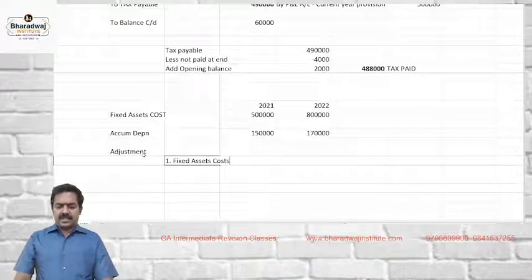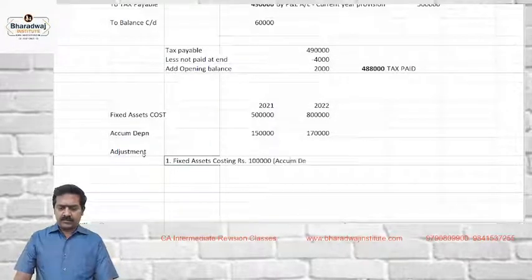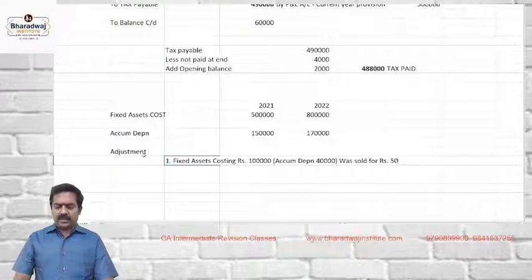Adjustments. Number 1, fixed assets costing rupees 1 lakh, accumulated depreciation 40,000, was sold for rupees 50,000.